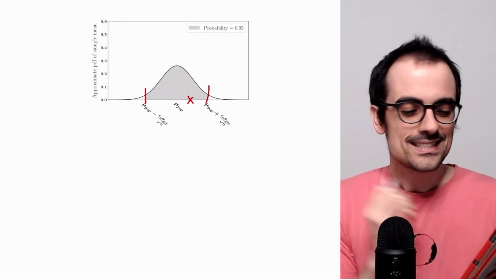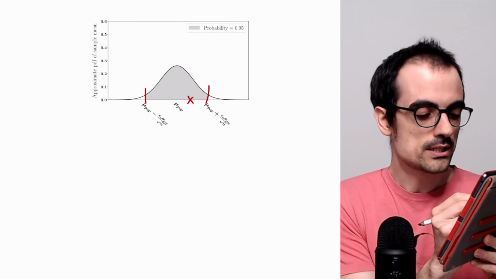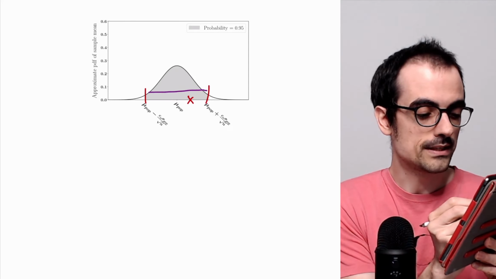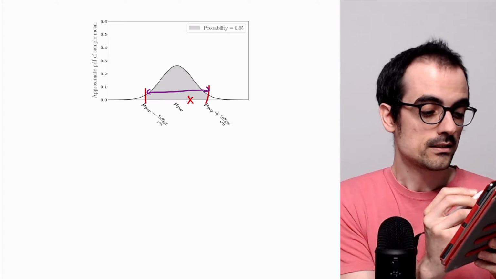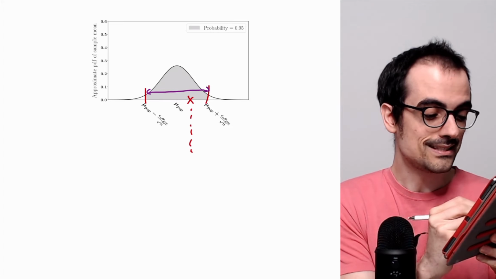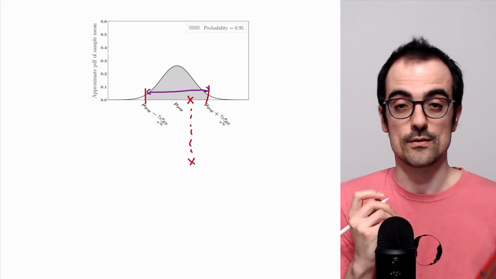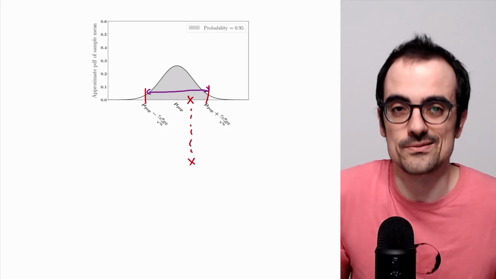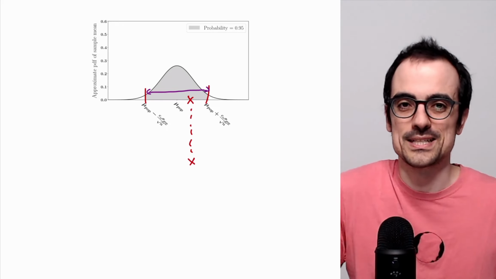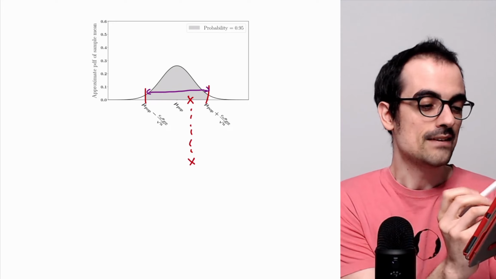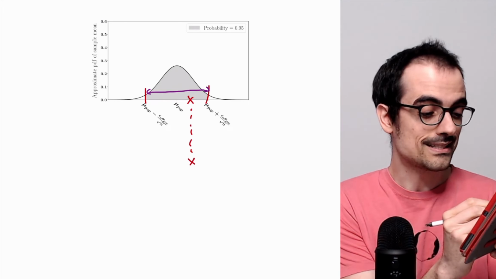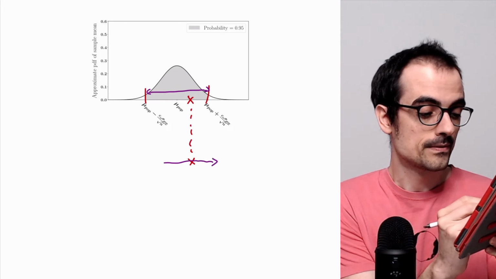And now the key insight is that if we manage to somehow estimate the width of this interval, then in practice, when we only see the sample mean, we of course do not see the population mean, because if we did, we wouldn't need to estimate it anymore. If we know the width of that interval, then we can center it at the sample mean.